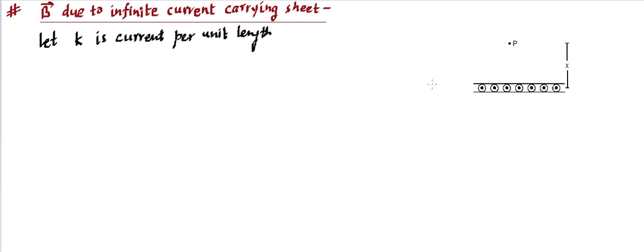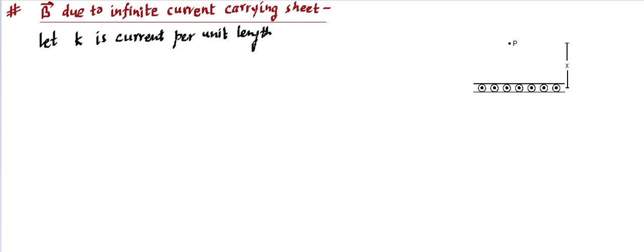That means if we consider L length over here, how much current will be trapped in L length, we can say L into K, because K is current per unit length, into length becomes the total current. So we can find the current in any segment if we consider the length of the sheet. So K is going to be used, which is basically current per unit length.